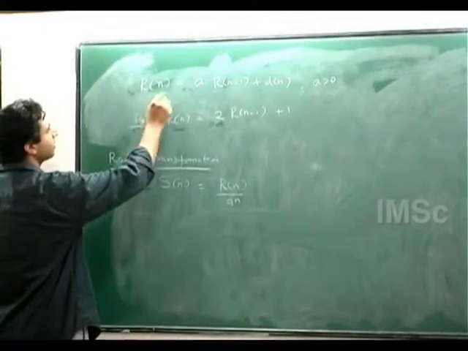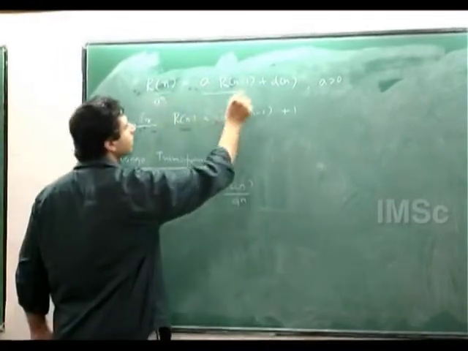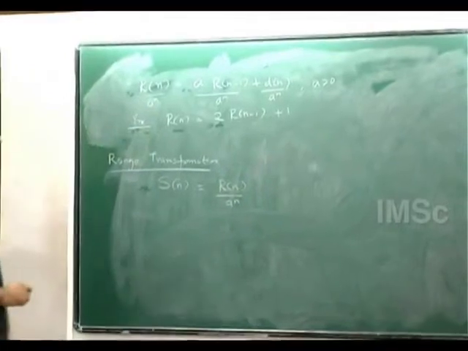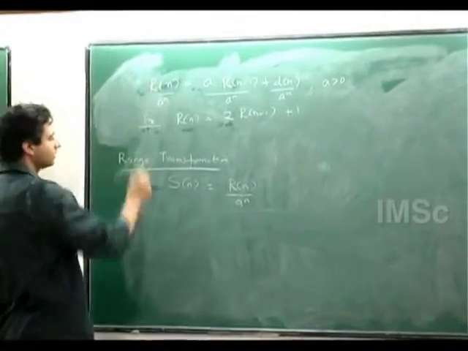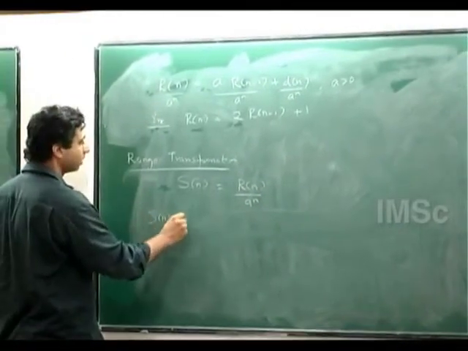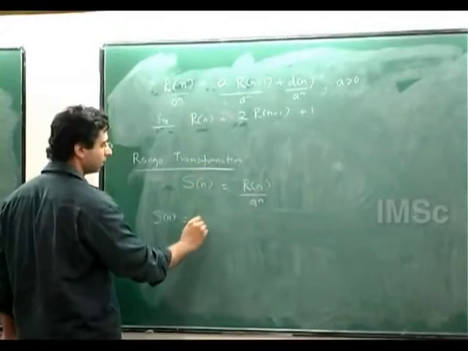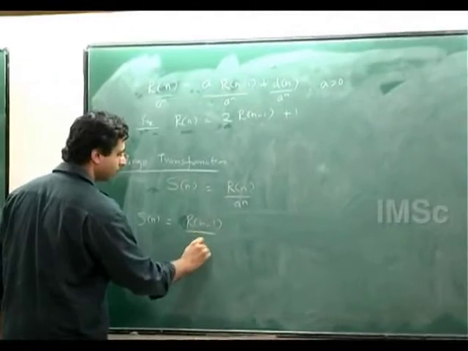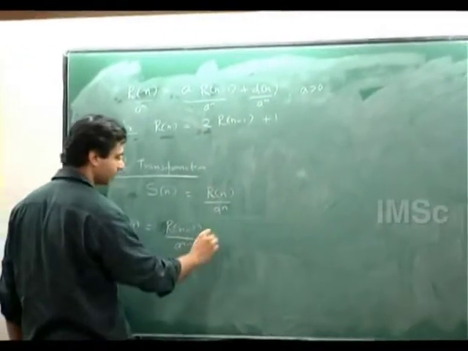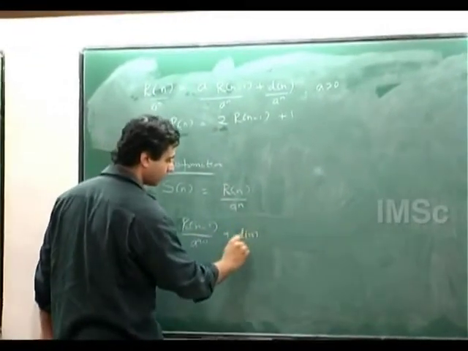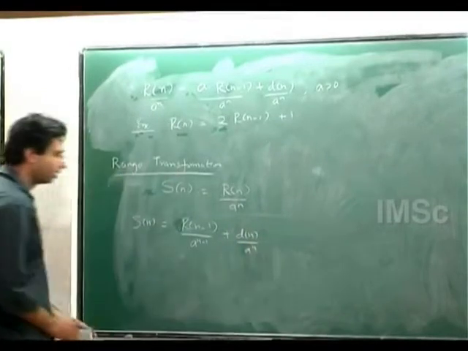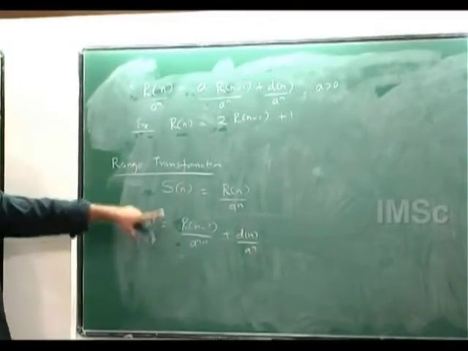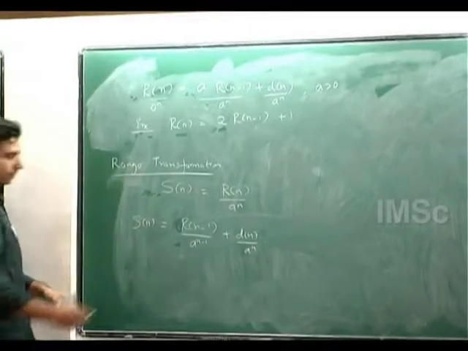What I have done is I have divided both sides by a raised to n, and what I get is Sn, and Rn minus 1 upon a raised to n minus 1, and that is just the driving function. But what is this term? That is just Sn minus 1 by definition.